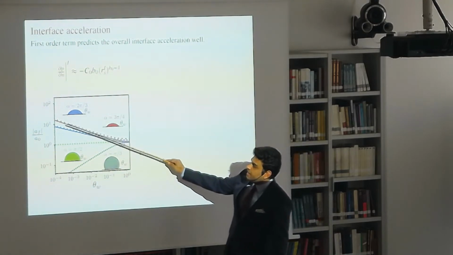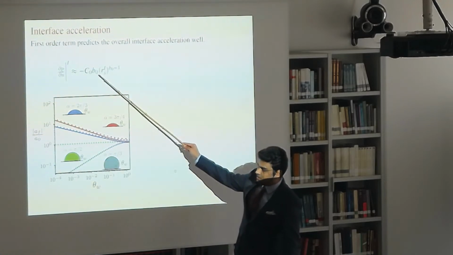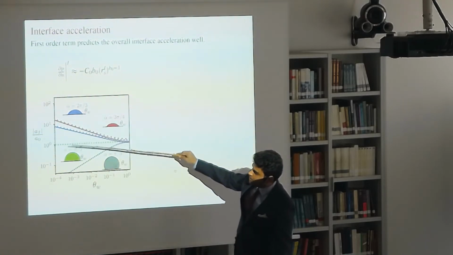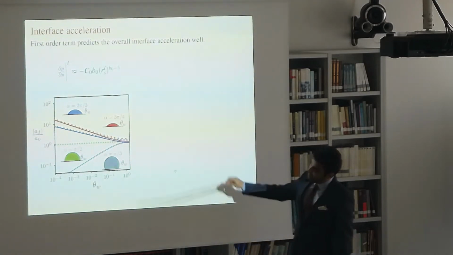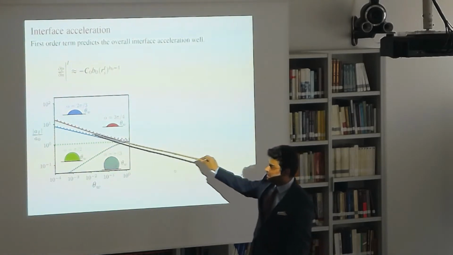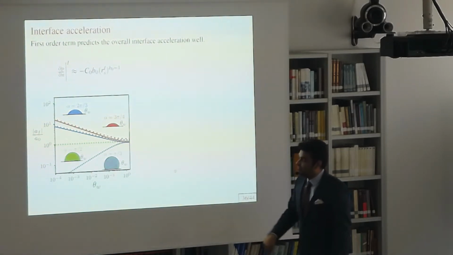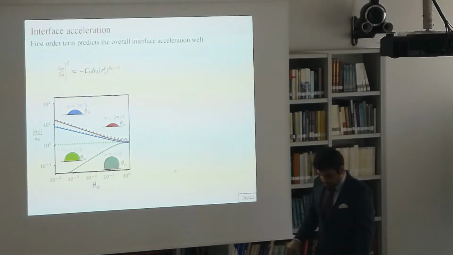The solid line corresponds to the first term in the singularity solution. The dotted points are obtained from the numerical simulations, and we see that when the singularity exists, the first term dominates the solution, and we can predict relatively well the interface acceleration from just the first term.